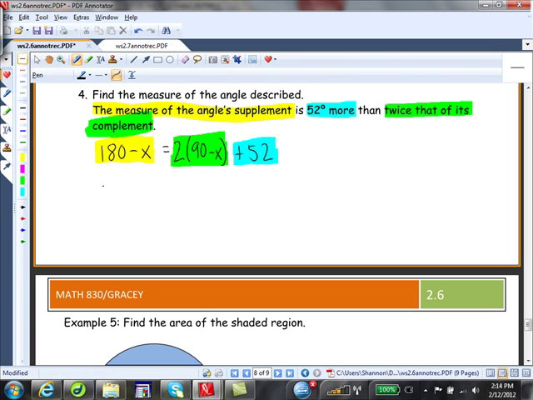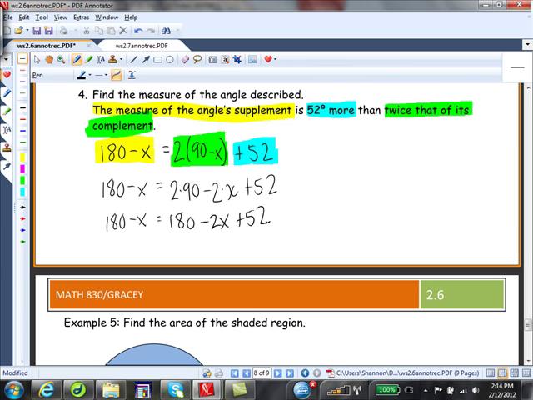And then it's just a matter of solving. So we have 180 minus x. Let me show you the distribution. I'll be distributing that 2 times the 90 minus 2 times x, and then adding 52. So 180 minus x will be 180 minus 2x plus 52.